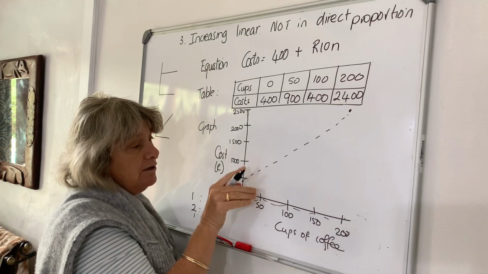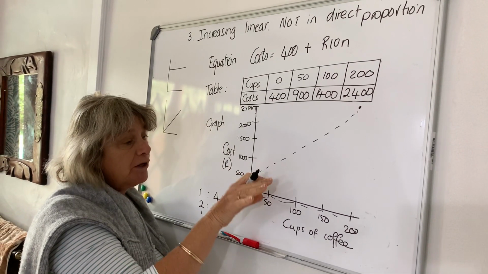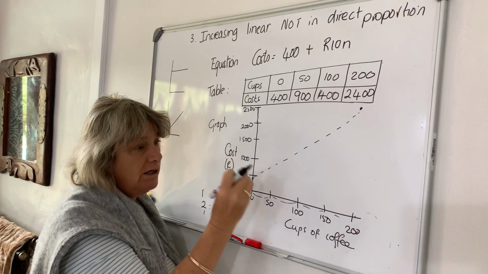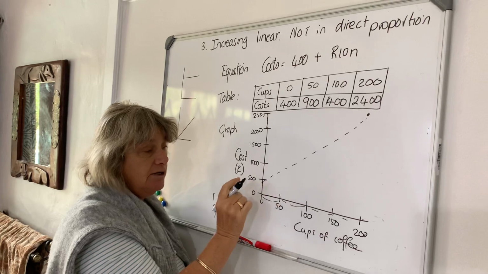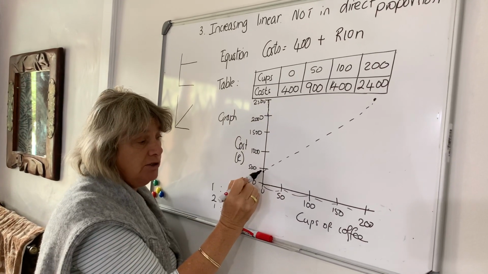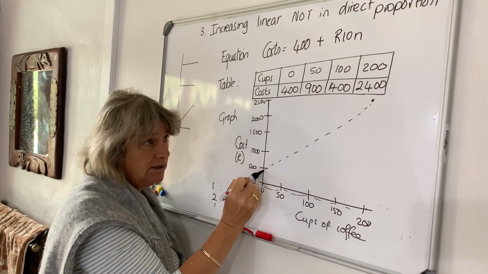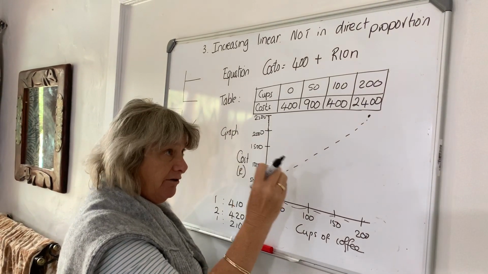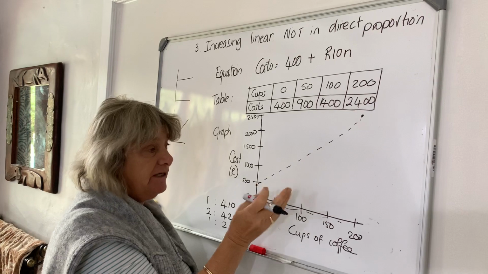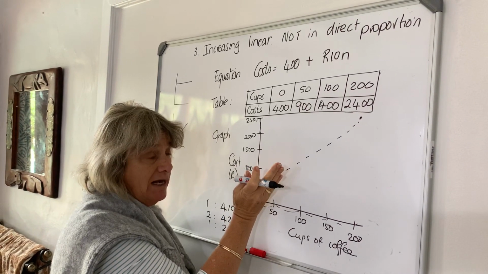So the gradient of this line is influenced by what each cup of coffee is costing her, which is 10 Rand. So the fixed cost determines where the graph starts, and the variable cost per cup of coffee is determining the gradient of our line.